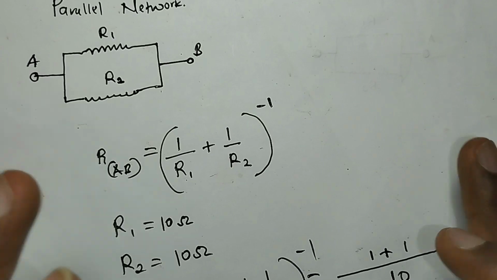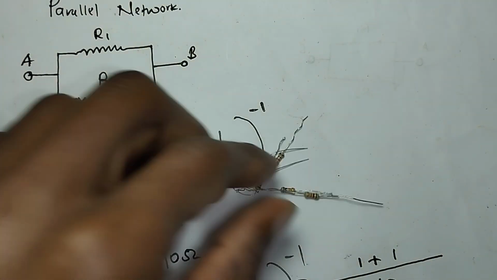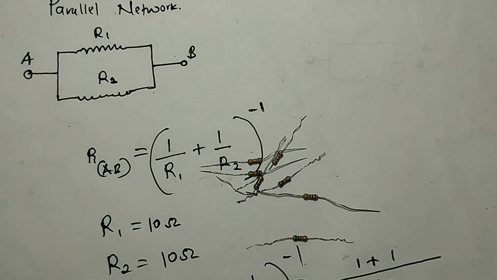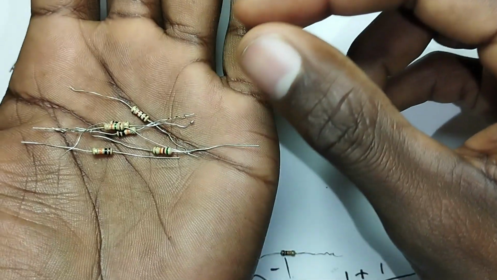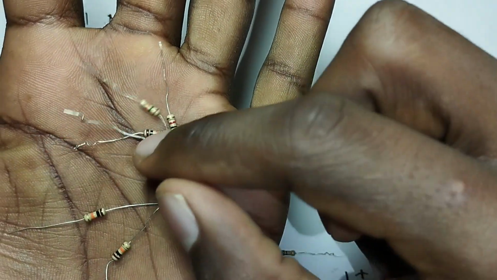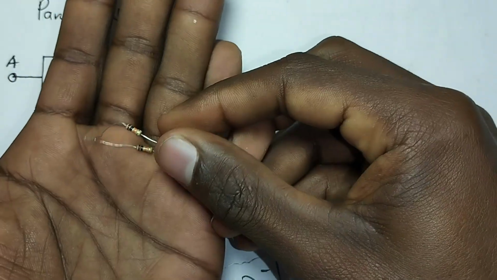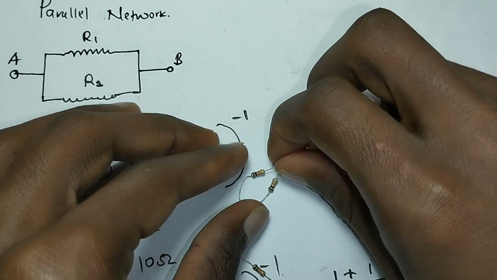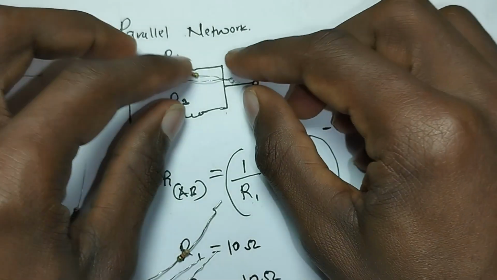So now for the real example. I'm going to take two 10 kilo ohm resistors and connect them in parallel.